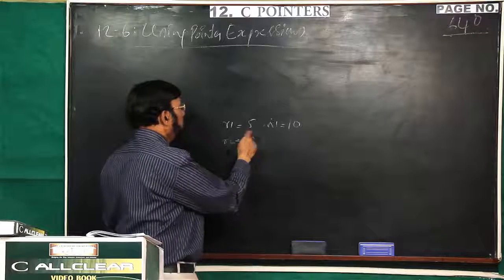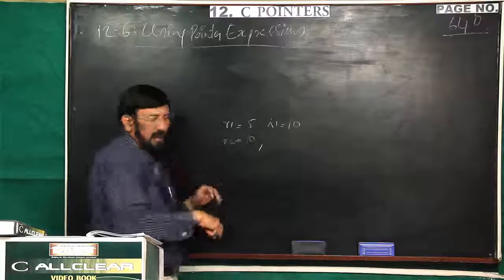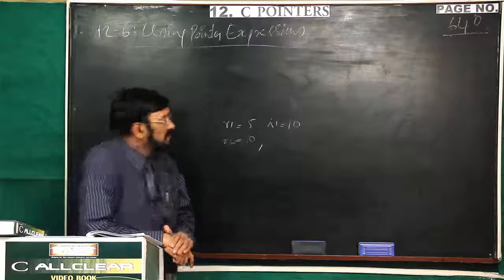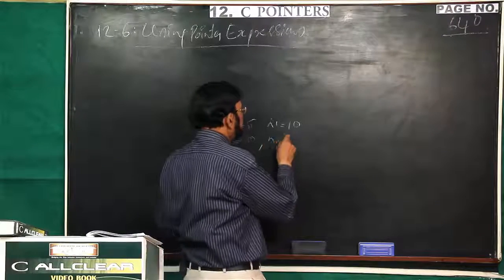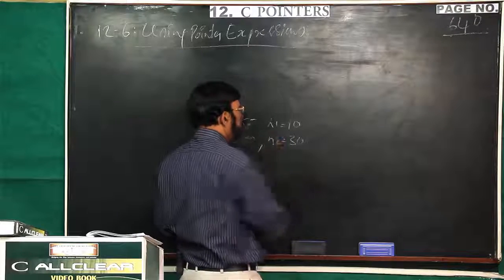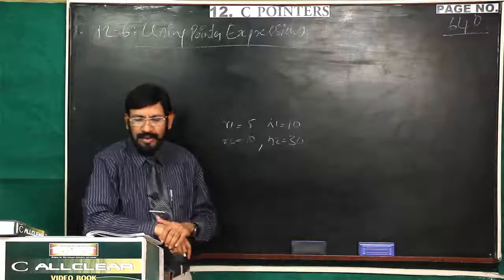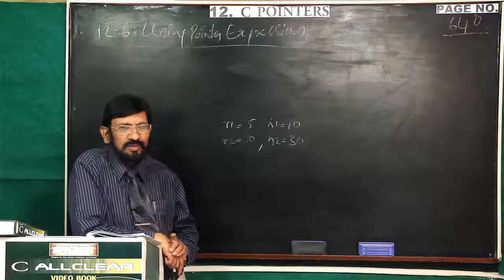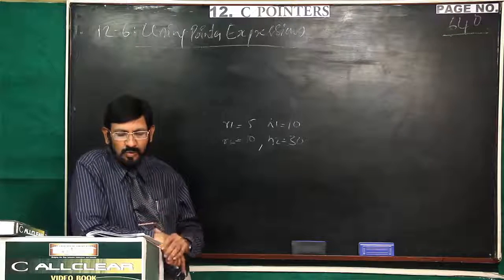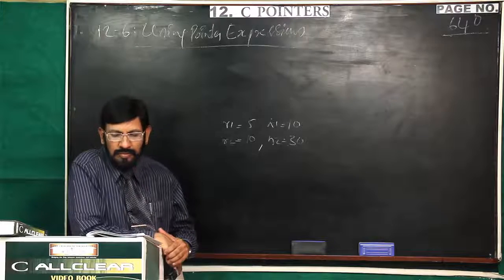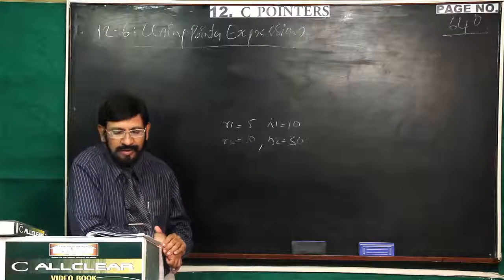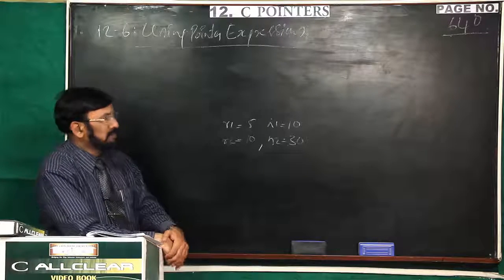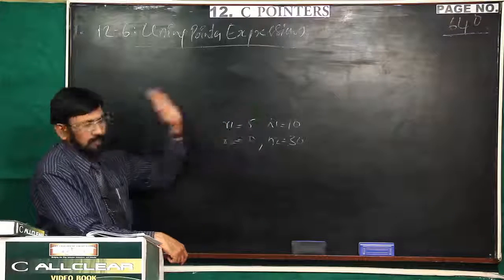It is double the first one, and its height is 3 times. Height 2 is 3 times the height 1. Evaluate CSA, TSA, curved surface area, total surface area, and volume of two cylinders using pointer expressions and parameterized macros also. This is the problem.